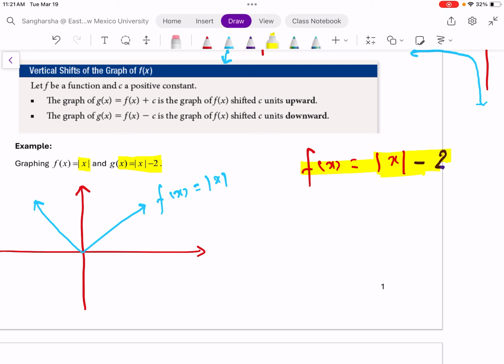Did anyone have a graph for the g of x? If you have a graphing calculator, you can use it, or if not, we can just make a table and plot these points.